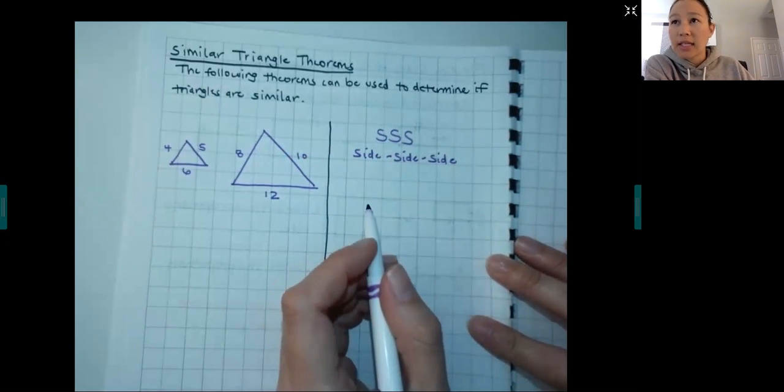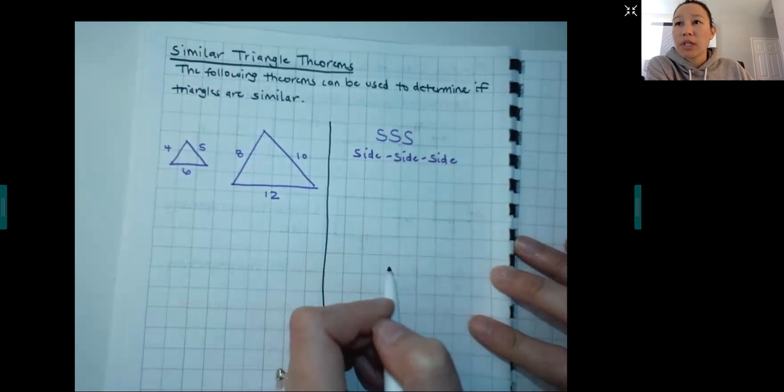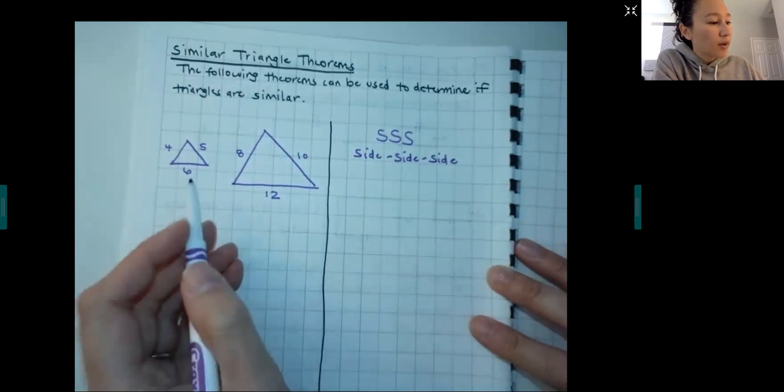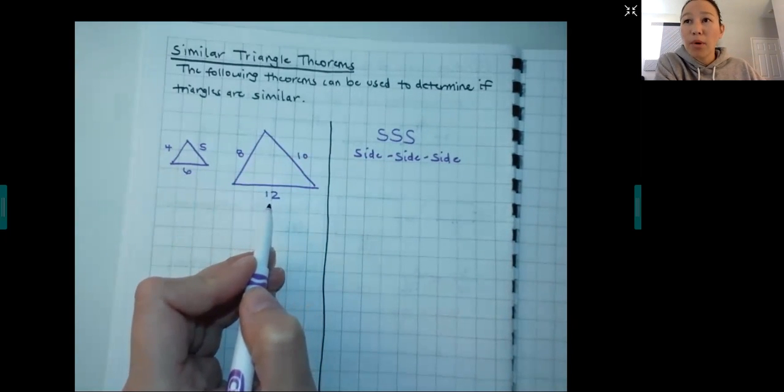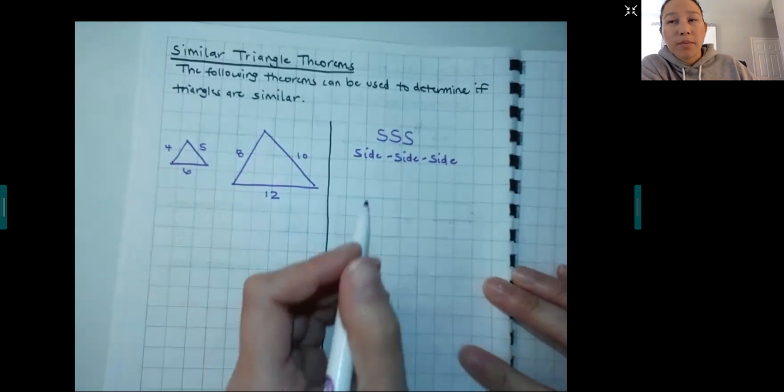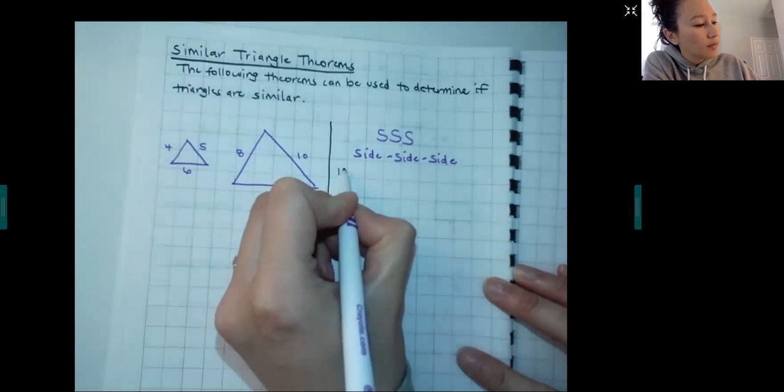So side, side, side says 3 sides of one triangle are proportional to the corresponding 3 sides of another triangle. So if all 3 corresponding sides are proportional, then we know they are similar triangles.